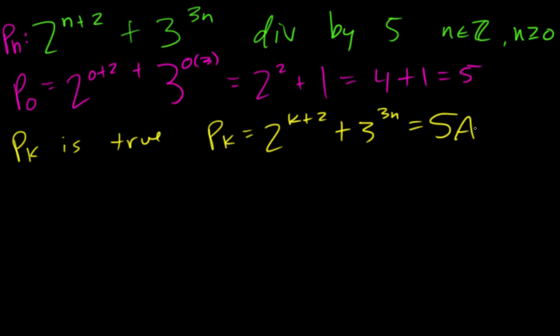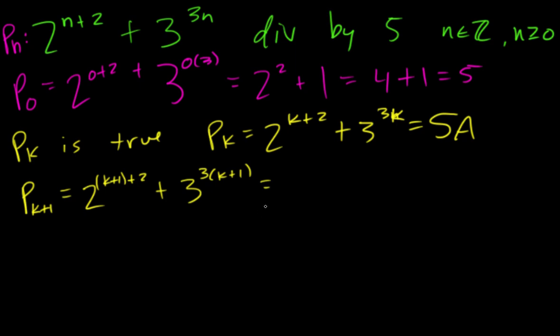Okay, now if we're assuming that P of k is true, we're going to try to prove that P of k plus 1 is true based on knowing that P of k is true. So we're going to say 2 to the k plus 1 plus 2 plus 3 to the 3 times k plus 1.